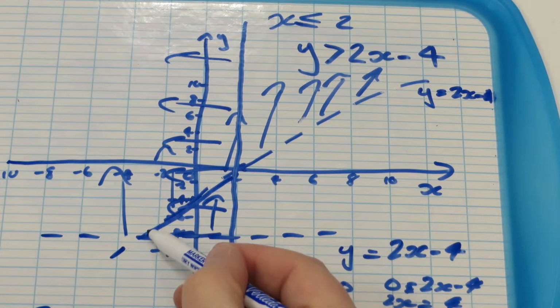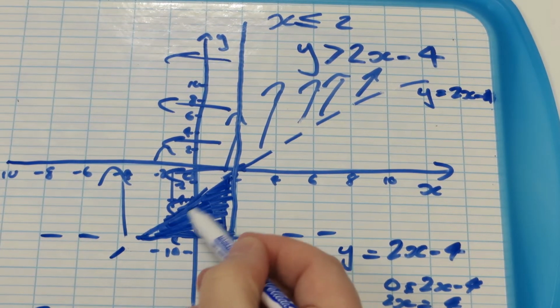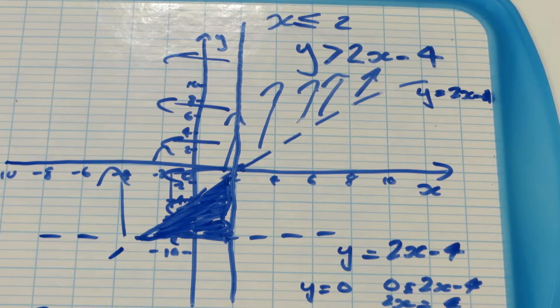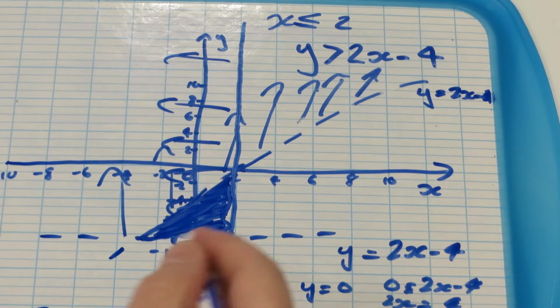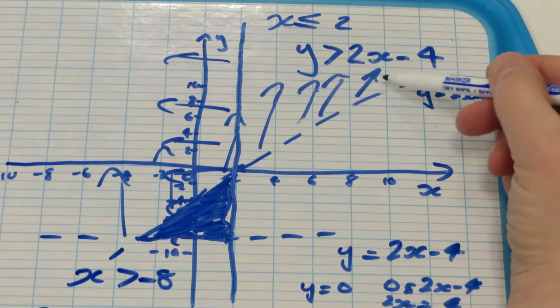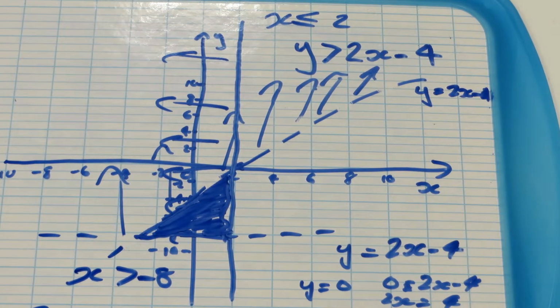So what we end up with is this shaded region here, where all of the values within the shaded region are actually the solution of y is greater than 2x minus 4, x is greater than minus 8, and x is less than or equal to 2. So that's the most important thing. We drew here x is greater than minus 8, this was y equals 2x minus 4, and here we had x equals 2.